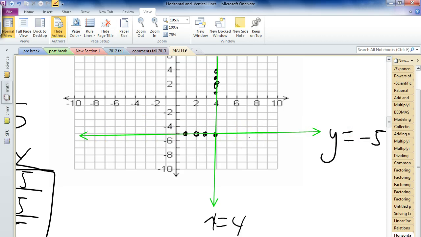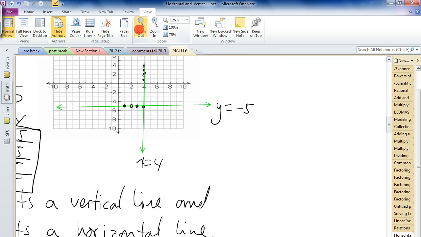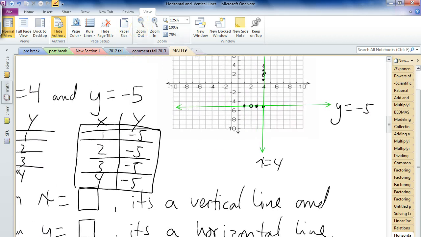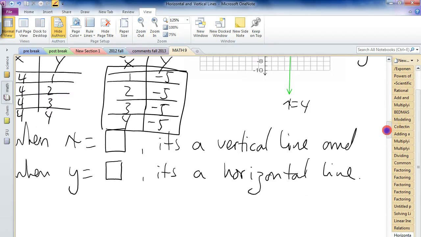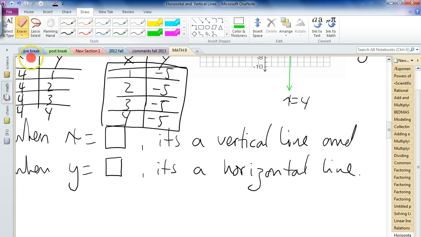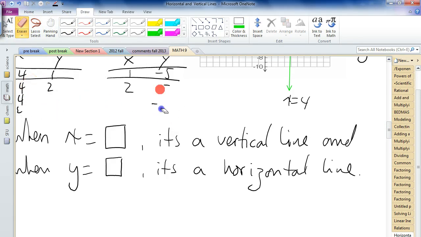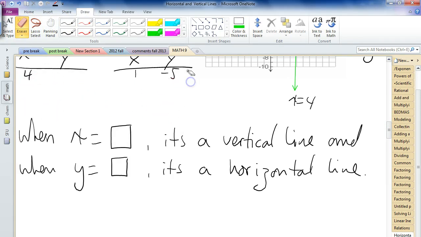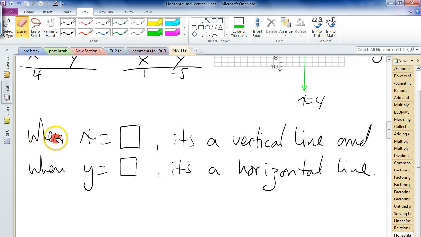And what you should notice when you look at the previous two examples is that when x equals a single number, like a 2, a 3, or 4, it's a vertical line. And when y equals any number, it's a horizontal line. X, vertical line; y, horizontal line.